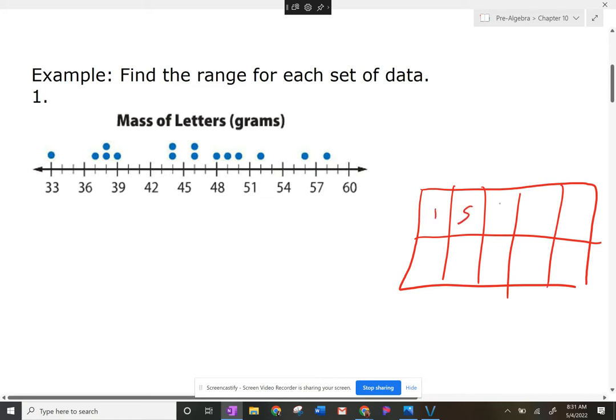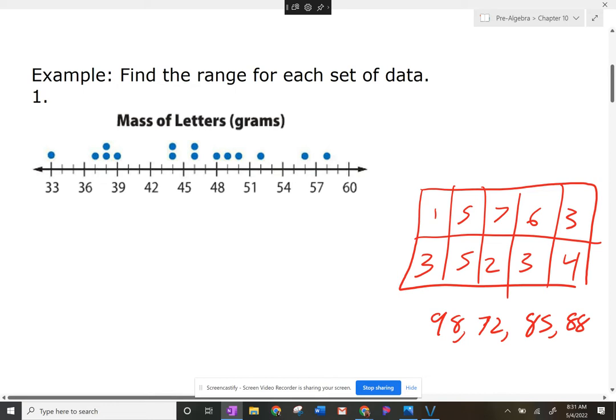Like we had 1, 5, 7, 6, 3, 2, 5, 3, 3, and then 4. Okay, we could have a table that had a whole bunch of numbers in it. We've had just lists of numbers. We had like 98, 90, 72, 85, 88. Okay, we've had like the tables, we've had lists of numbers.